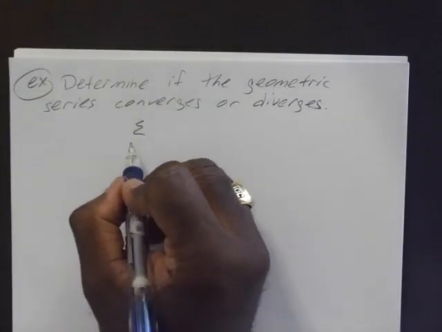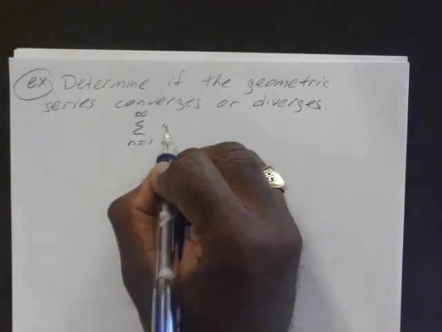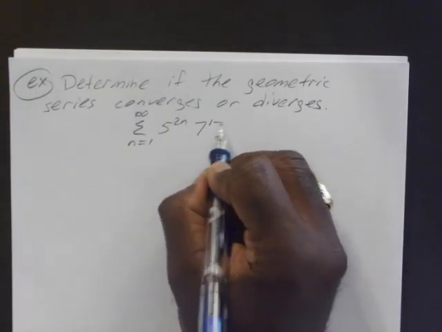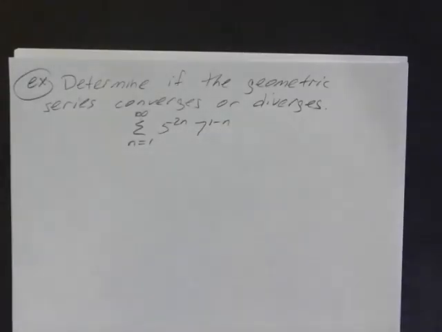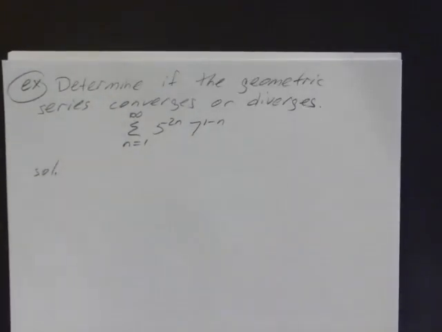Let's say we have the sum from n equals 1 to infinity of 5 to the power of 2n times 7 to the power of 1 minus n. Okay, so we know it's a geometric series. We just have to put it in the right form to find the value of our ratio.